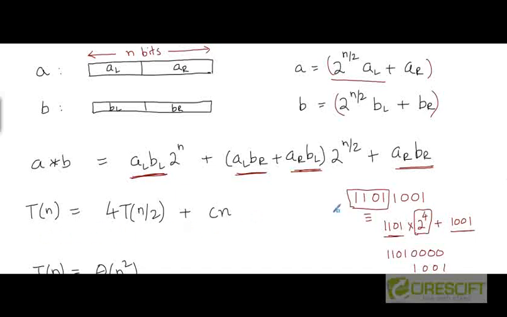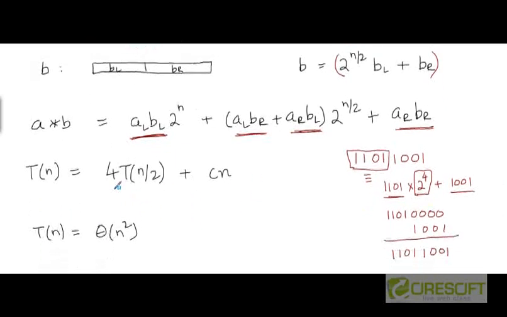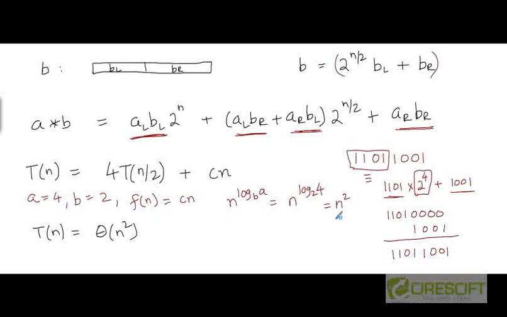We know how to solve recurrences of this type. We can use the master theorem here. A is 4, b is 2, f of n is c times n. So if we compute n to the power log base b of a, we will get n to the power log base 2 of 4, which is n square.